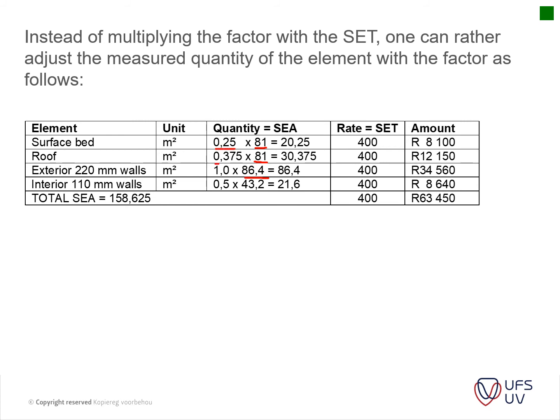Instead of multiplying the factors with our rates, we just multiply with our areas, and thus we get a total area of 158 square meters if we add the 20.25, the 30.37, the 80.4 and the 21.6.